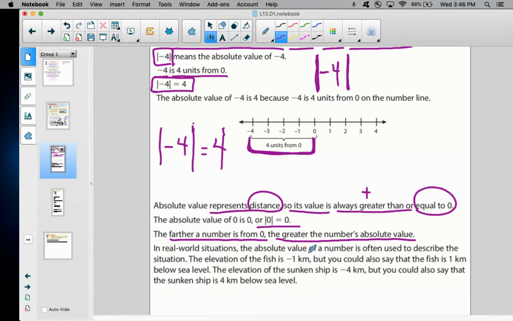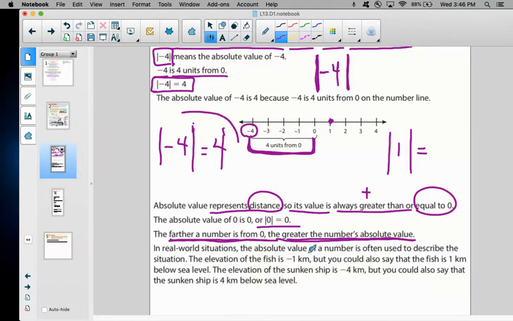So that means a number like -4 could have a bigger absolute value compared to, say, positive 1. Because we're measuring the distance away from 0, this statement means the farther a number is from 0, the greater the number's absolute value.